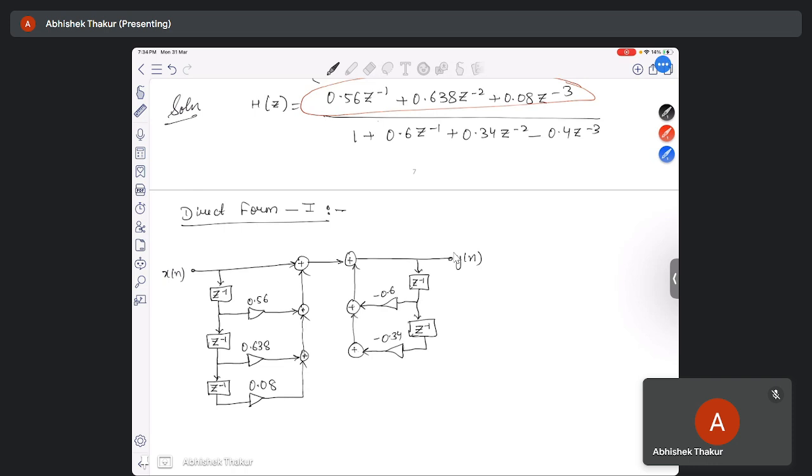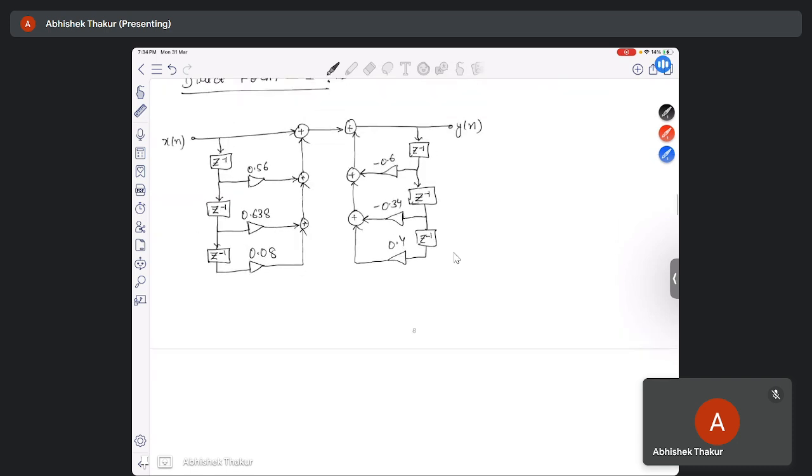And the third one will be plus 0.4. This is a direct form 1 representation of this transfer function.